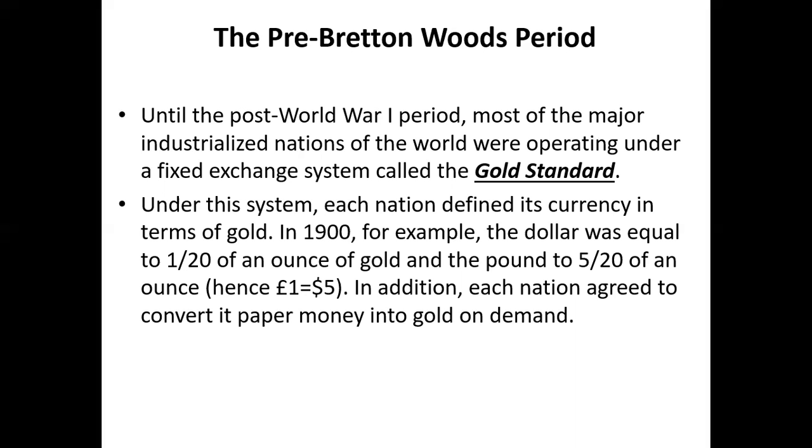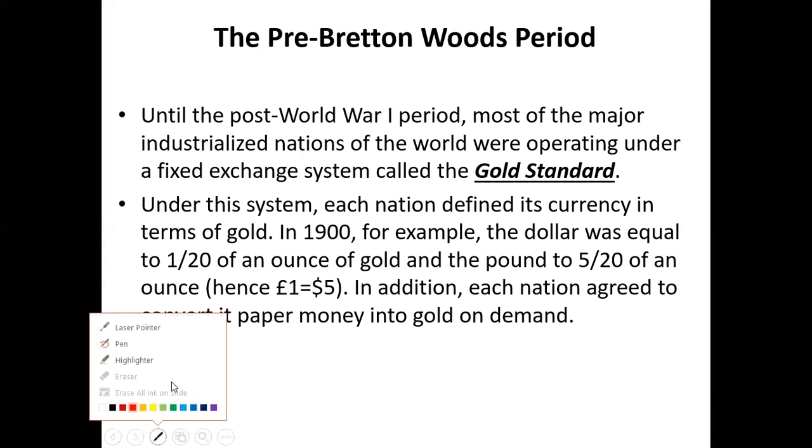So the exchange rate between the pound and the dollar is determined on the basis of the value of gold that each unit of dollar and pound would command. In short, the exchange rate used to be fixed on the basis of the gold standard.